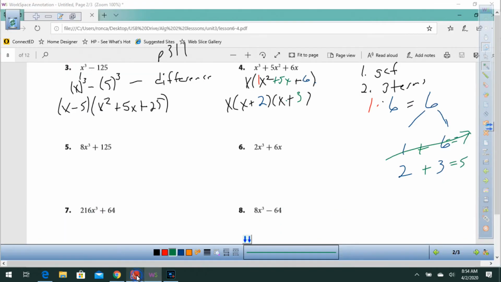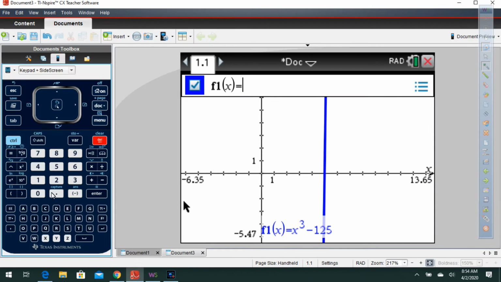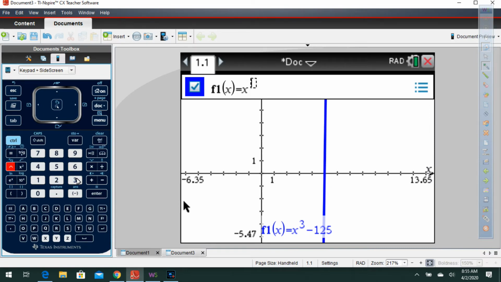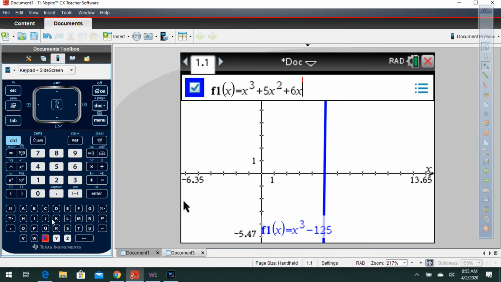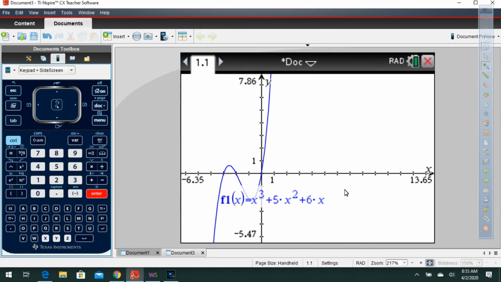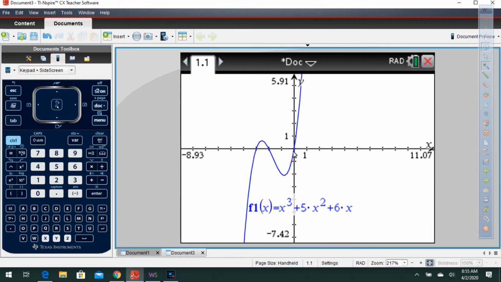And what do we got? We have x cubed plus 5x squared plus 6x. And press enter, and you'll notice it crosses all three.